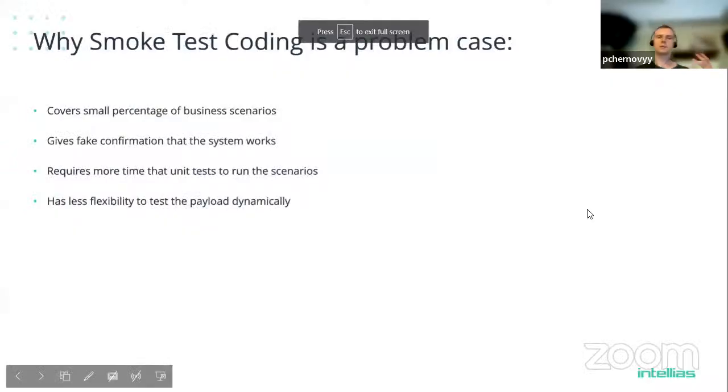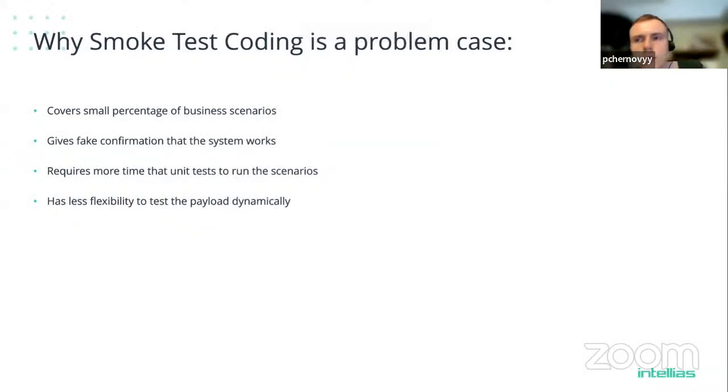We should analyze what tool we should involve right now and what benefit it can add for us at this point of evolving our system. So let's have a look into Notion at why smoke test coding is a problem case. It covers a small percentage of business scenarios.